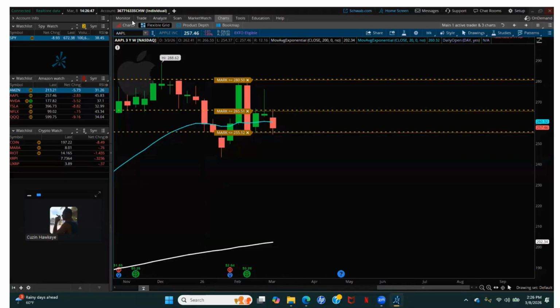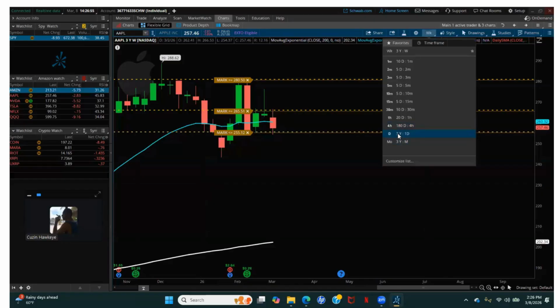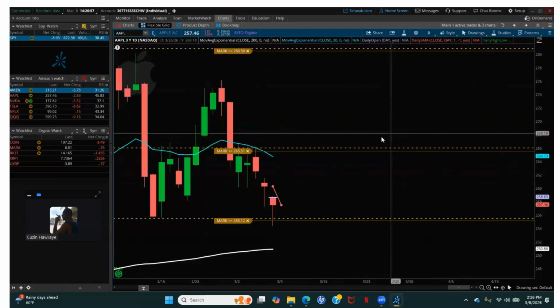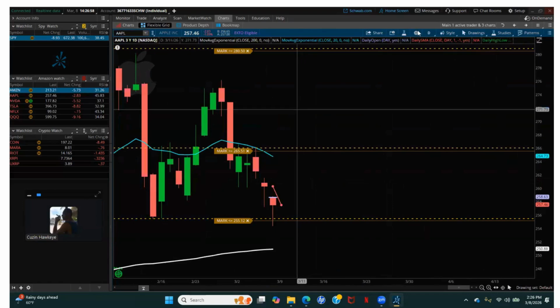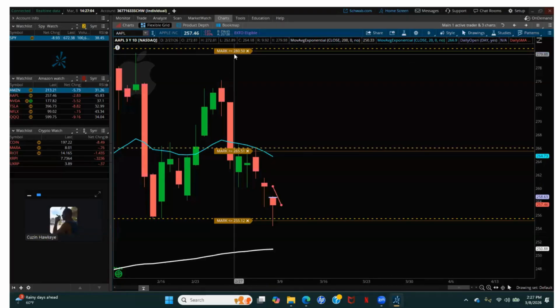Now, for those of you that even have a little bit more time and you're a little more active and you want to potentially make money a little more frequently, now I went down to a daily chart. And as you guys can see, the previous alerts for the month and for the week are still in place.